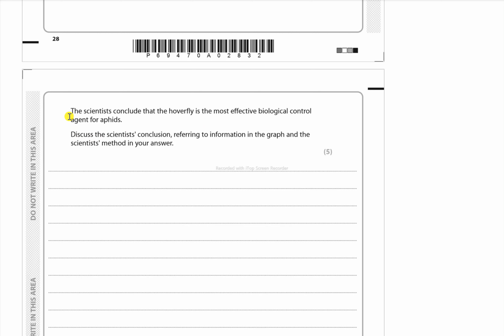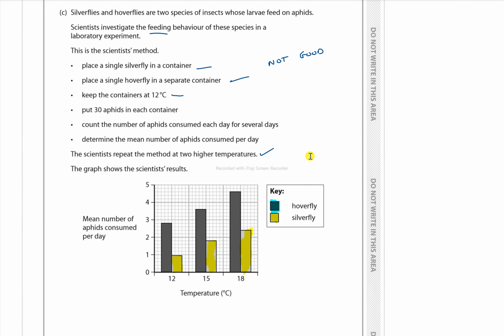Okay, fair enough. Scientists concluded that hoverfly is the most effective for control of aphids. So we need to discuss using the information in the graph and the scientist method, and it's a 5 marker. So we need to basically take all that and digest it. So first of all, we can see straight away, hoverflies.